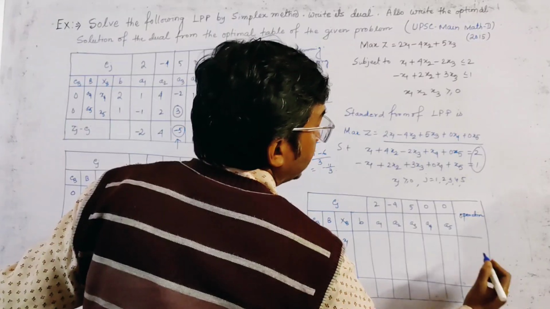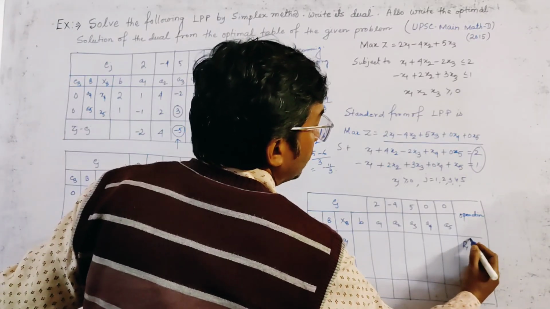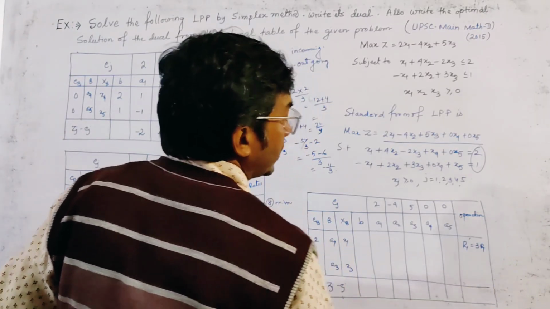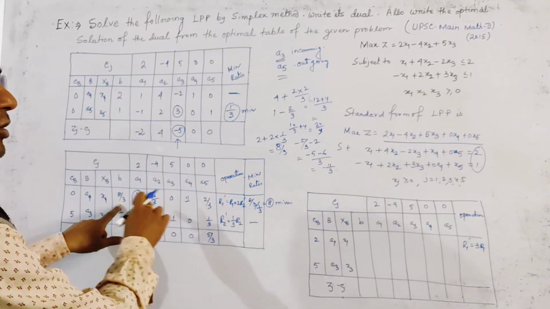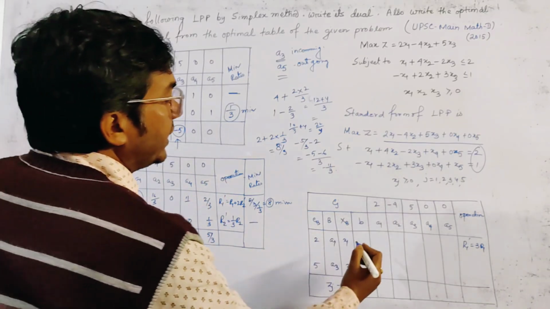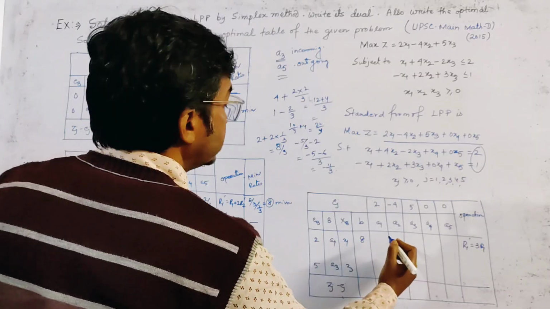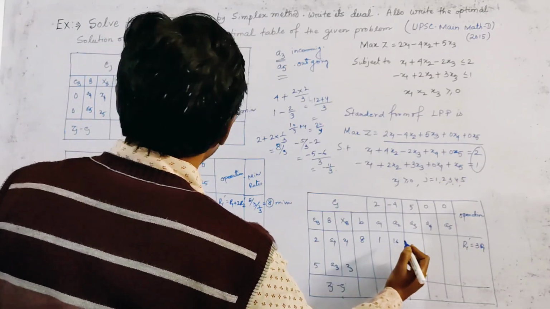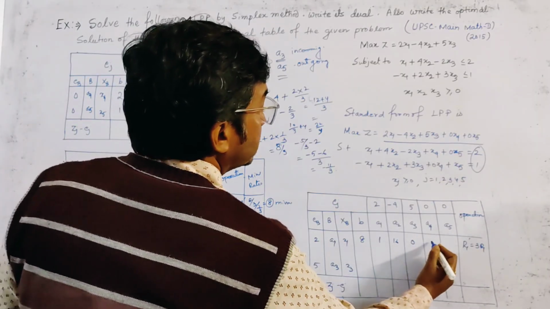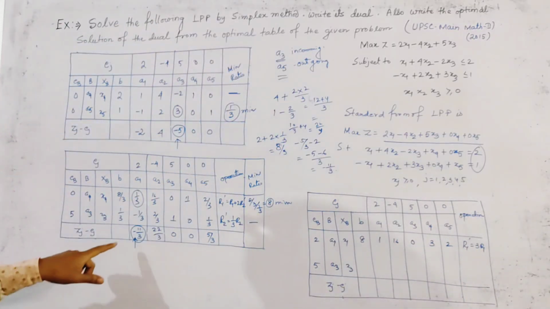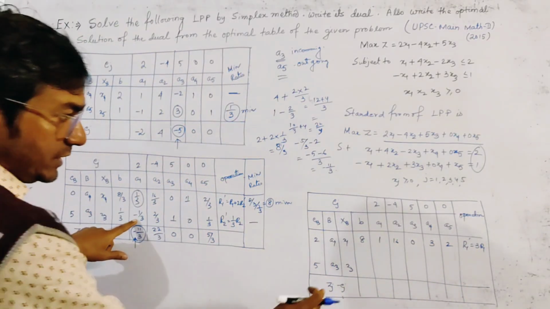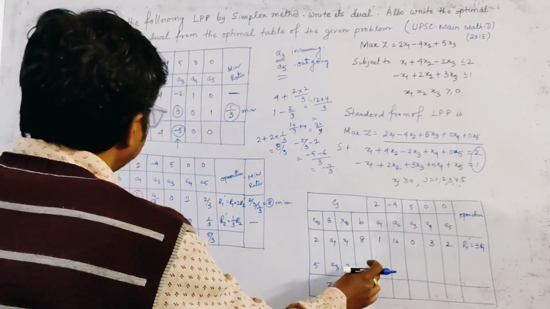Okay, and we make the operation R1 dash is equal to 3 R1 because this is 1/3. So we multiply all the elements of this row by 3 and it is given by 8. This is 1, this is 16, this is 0, this is 3 and this is obviously 2. Now we convert it into 0.